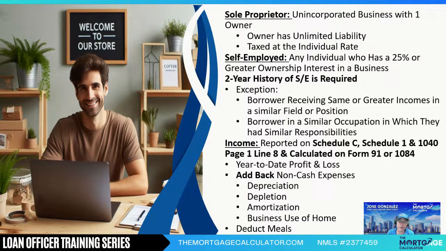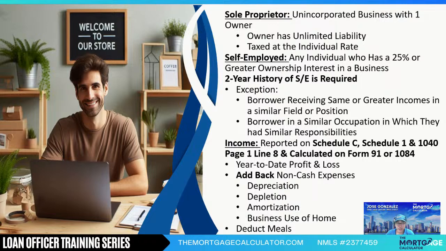They were a nurse via W 2, now they're a nurse via 1099. Those would be examples of that. And the same for the first bullet point there, where they're receiving the same or greater income in a similar field or position.